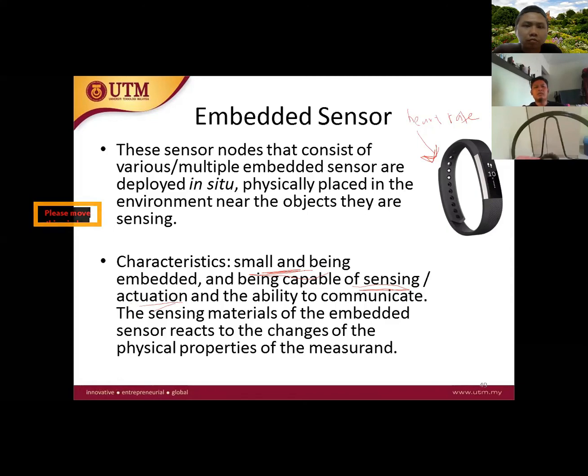In agriculture, there are actuators like pumps. The embedded sensor integrated with pumps can deliver water to the plants during a certain time or condition.